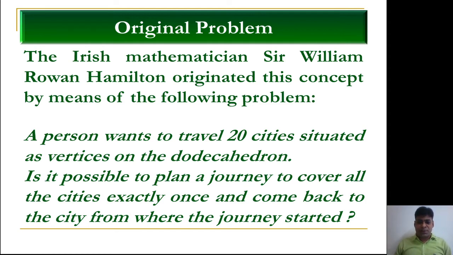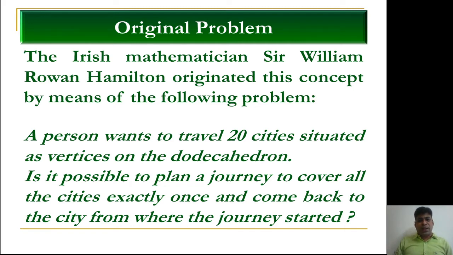No repetition of a city is allowed. And one more condition is that he needs to come back to the city where he started his journey. So is it possible to trace such a journey?